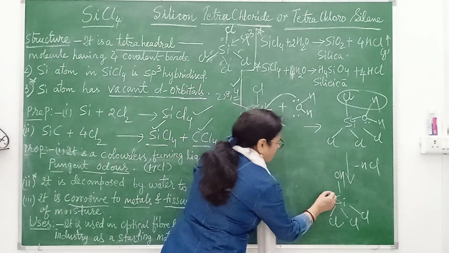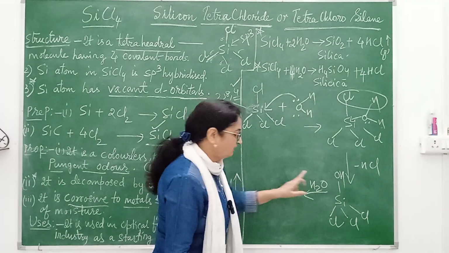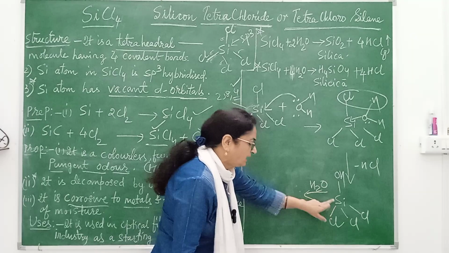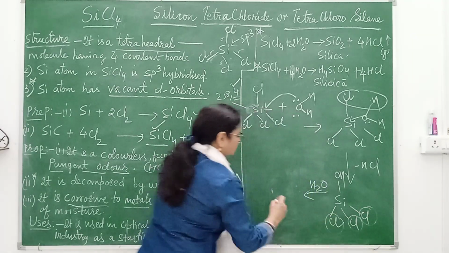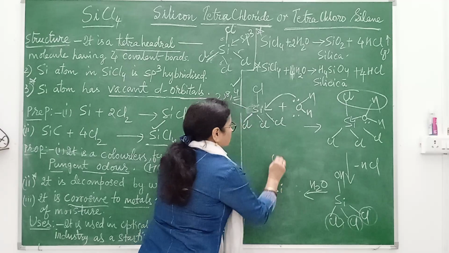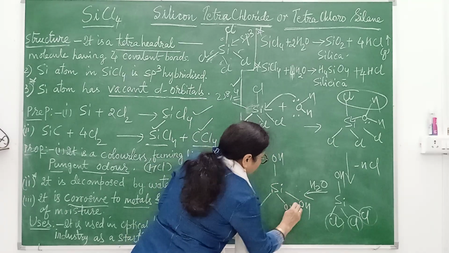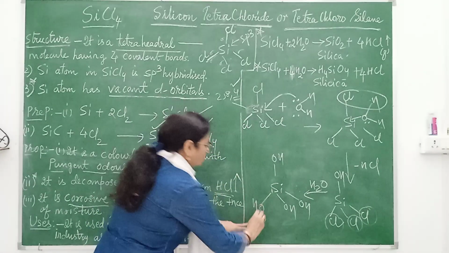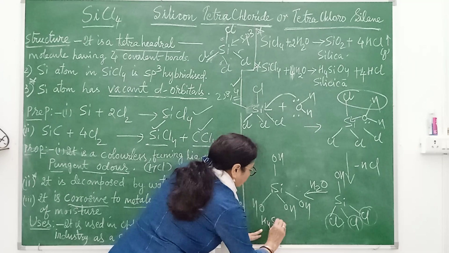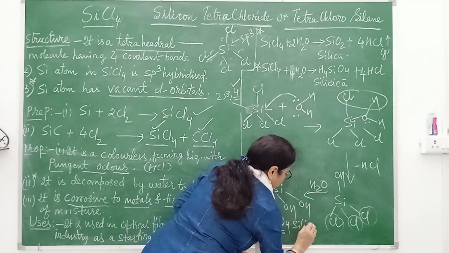In this way, if you add again water molecule, in the same way, oxygen will donate lone pair, and one by one all 3 Cl atoms are replaced by OH. So in this way, 4 OH groups surround silicon. And when you write the formula, you get H4SiO4. This is called silicic acid.